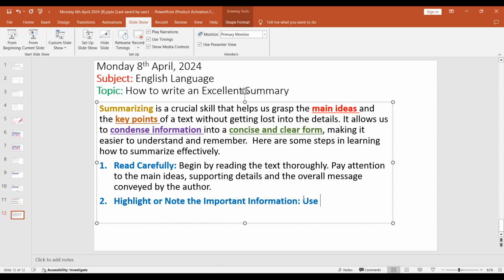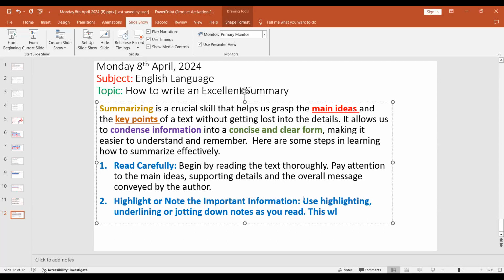So if you have a highlighter, you could use a highlighter. So use highlighting, right? Or underlining, or jotting down notes as you read.